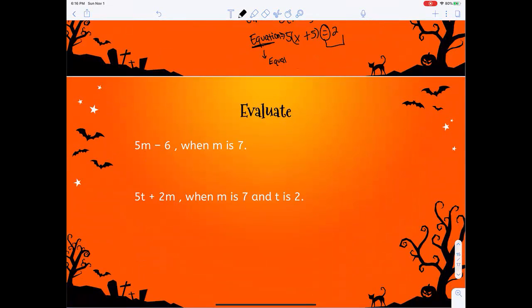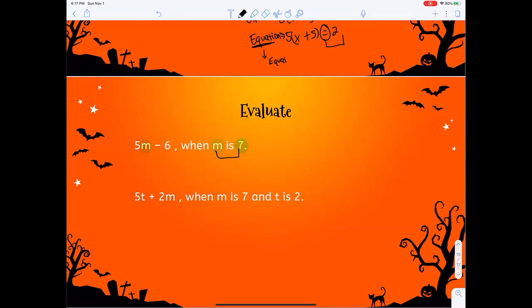Evaluate. So that means plug in, right, with an expression. What is 5m minus 6 when m is 7? If m is 7, all that means is that every time we see an m, we're going to put a 7 there.